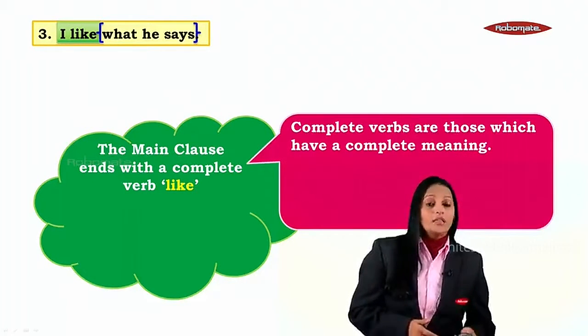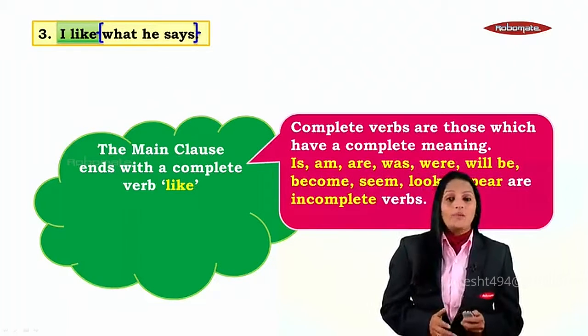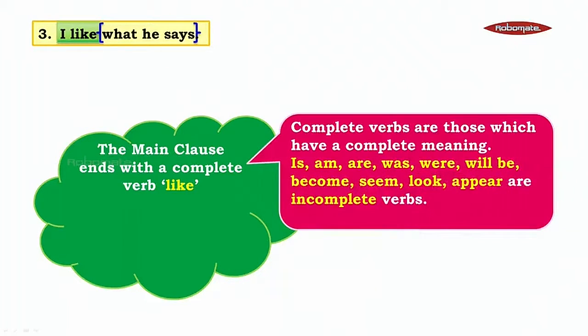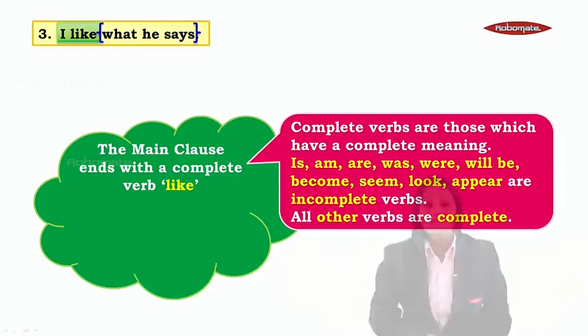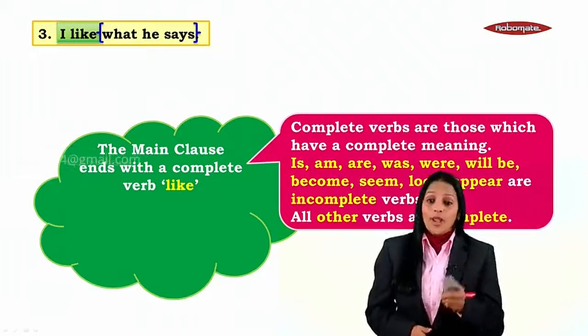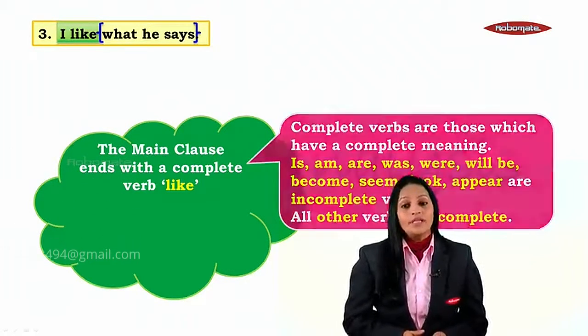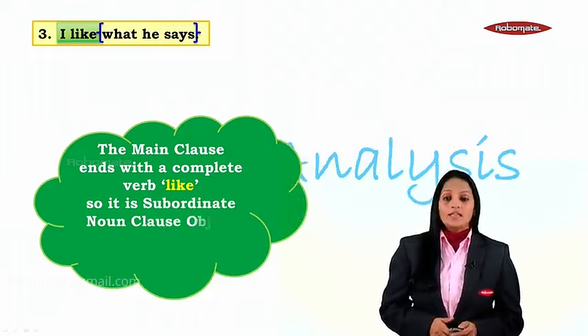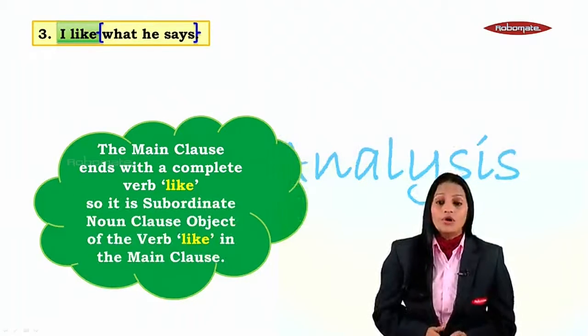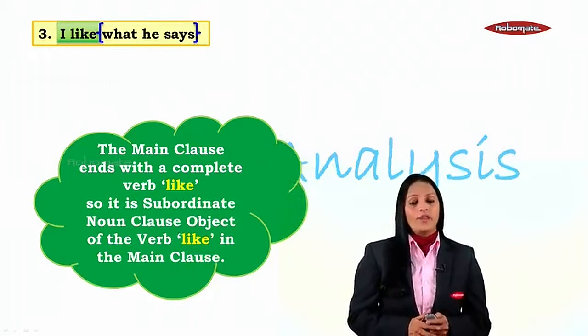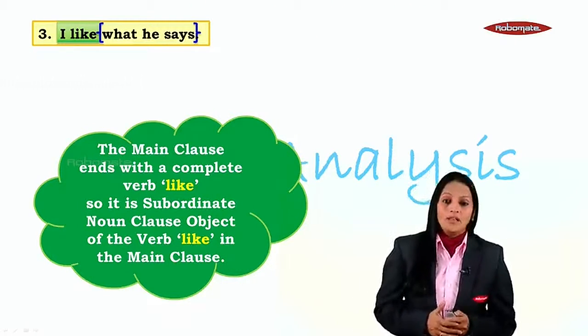In other words, the words that you studied, is, am, are, was, were, will be, become, seem, look, appear, all these are incomplete verbs, and all other verbs besides these are complete. So just remember, incomplete will be these and any other verb is complete. So when the main clause ends with a complete verb like here, then it is called subordinate noun clause, object of the verb like in the main clause.